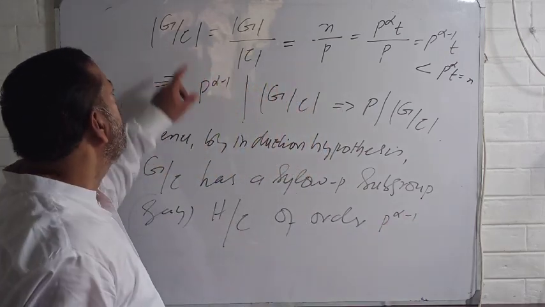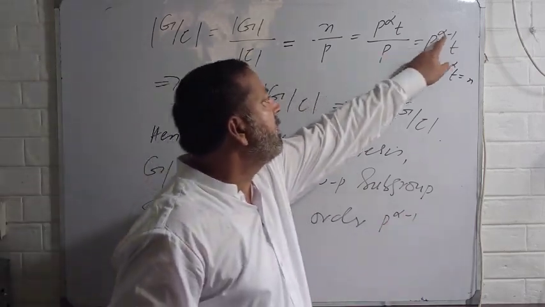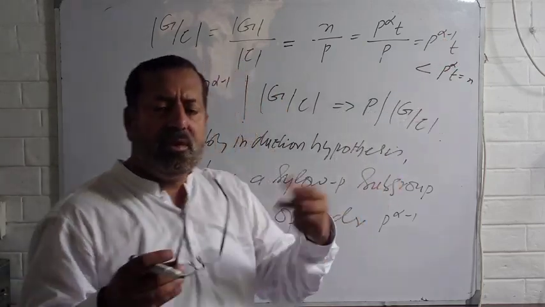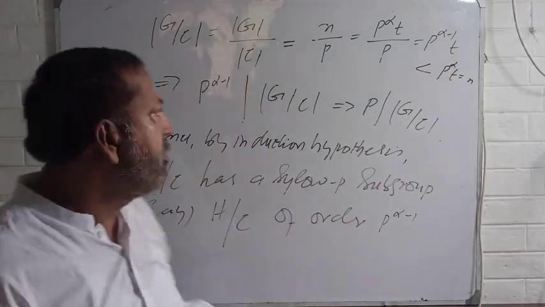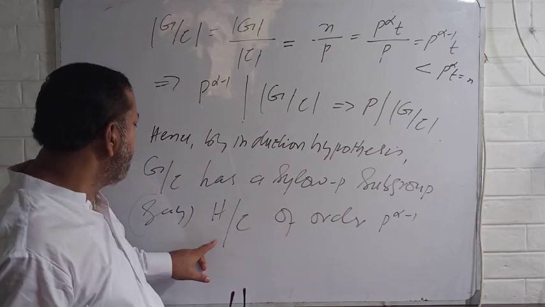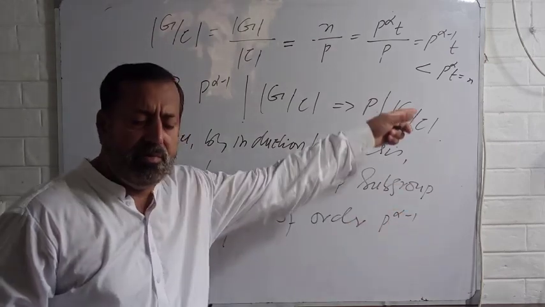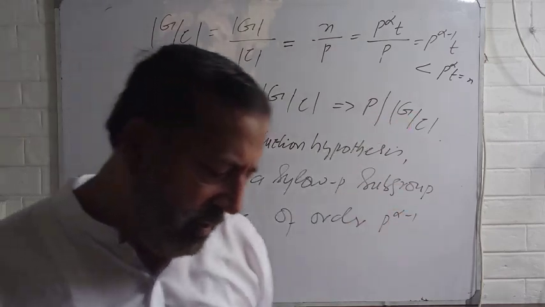Of course, the order of G by C is equal to P power alpha minus 1 T. So the Sylow-p subgroup of G by C must be of order P power alpha minus 1. There is no ambiguity, right?